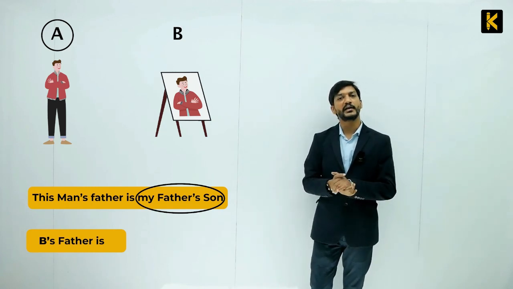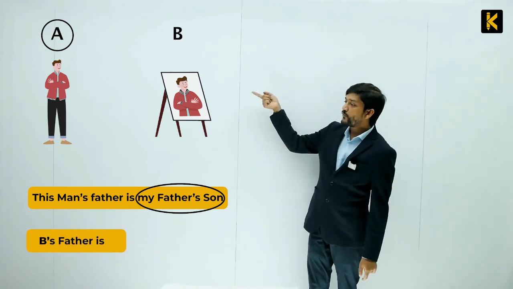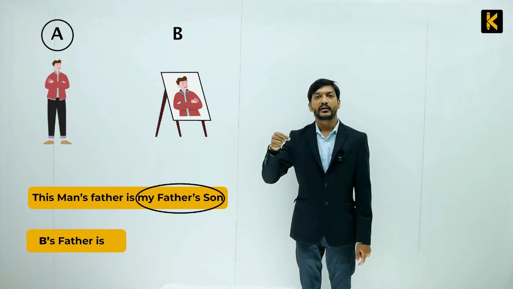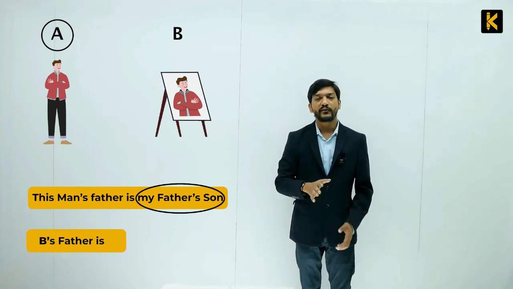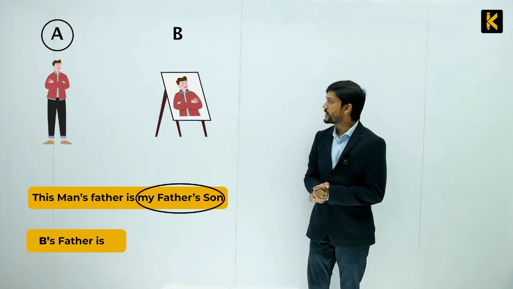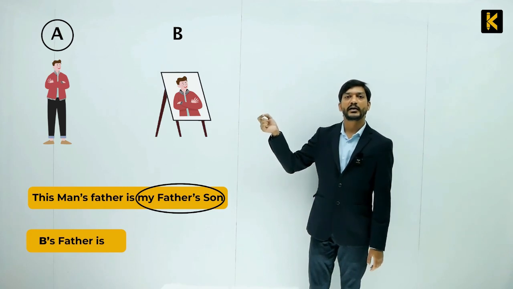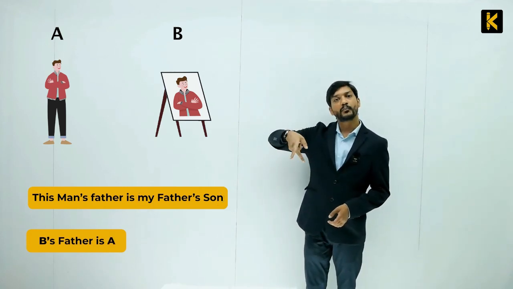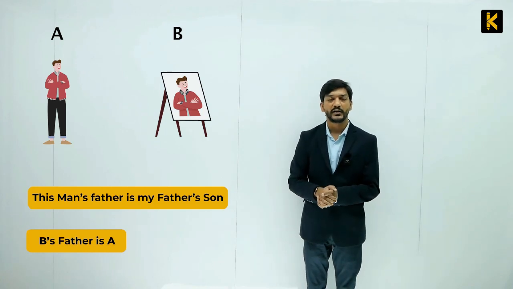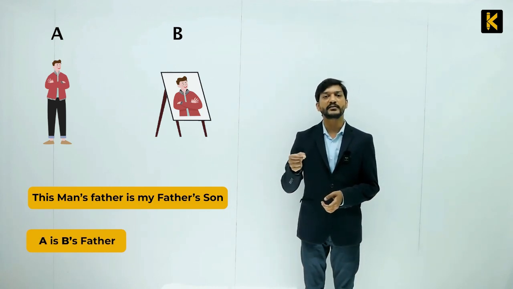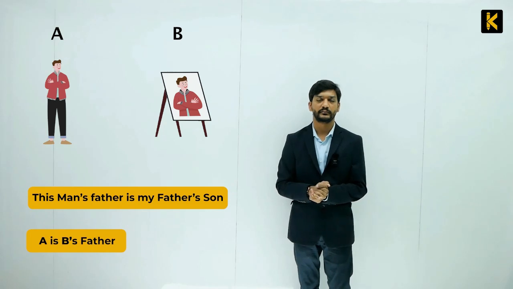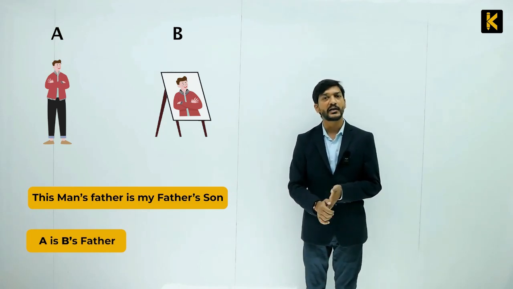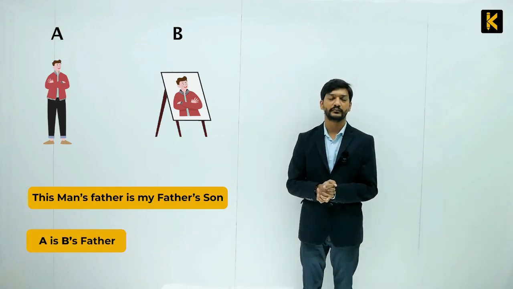So if I convert this statement and replace the man with A and B, what am I getting? I am getting that B's father is A. And if I write it the opposite way, I will write A is B's father. Okay? What is the meaning of B's father?